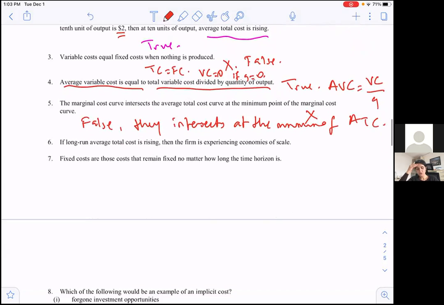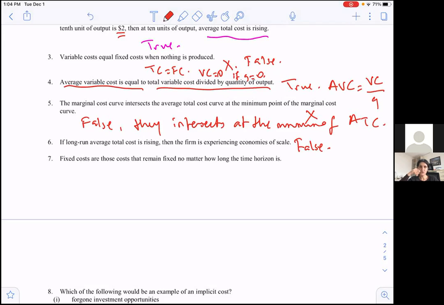Okay, if long run average total cost is rising, then the firm is experiencing economies of scale. No, then it is experiencing diseconomies of scale, right? If the average cost is rising as Q rises, then it means that there are diseconomies of scale.